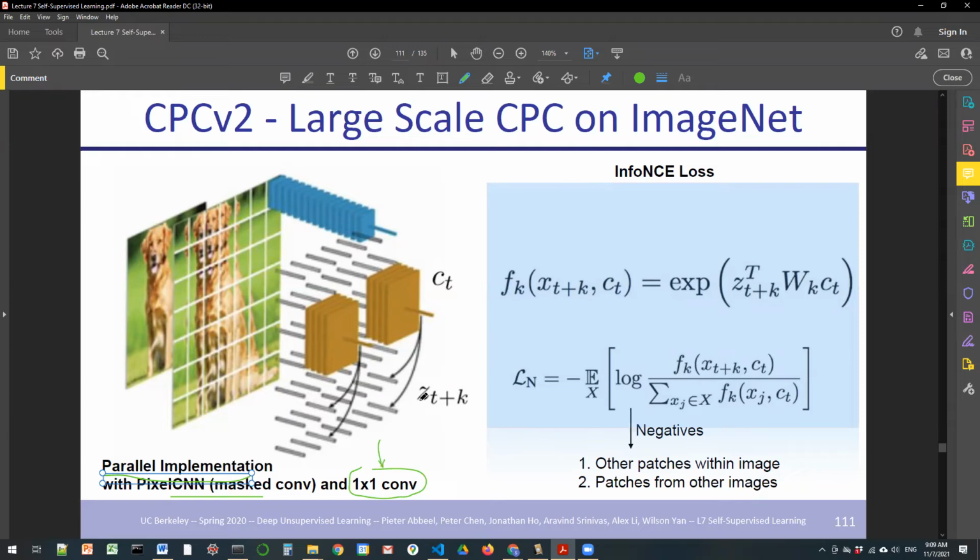And the other tricks they pulled were to increase, for every single one of these patches, the number of augmentations they did, and that is taken to an extreme when compared to CPCV1. That in turn increases the number of negatives, right? So that's another way in which CPCV2 is made to be better than CPCV1.